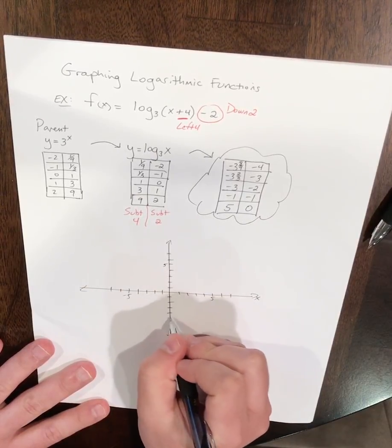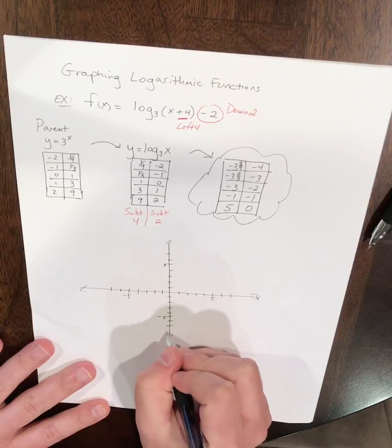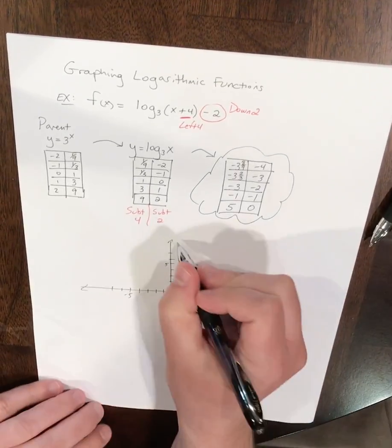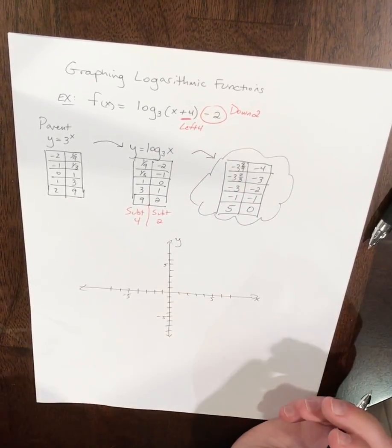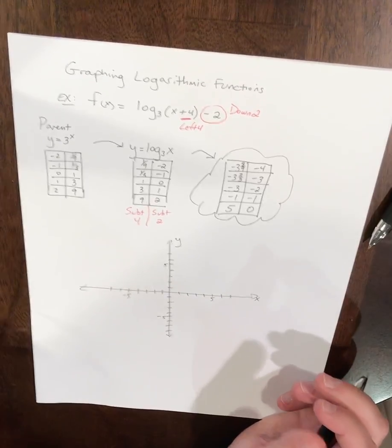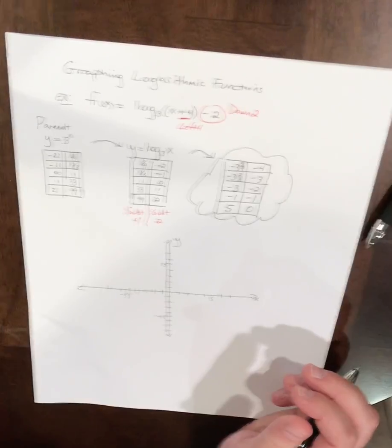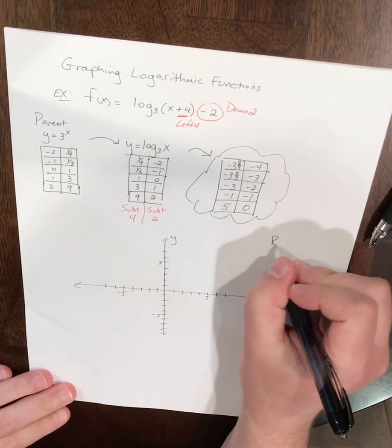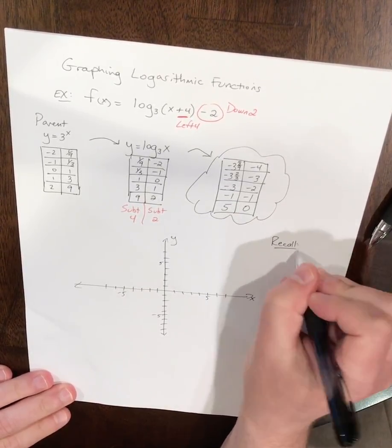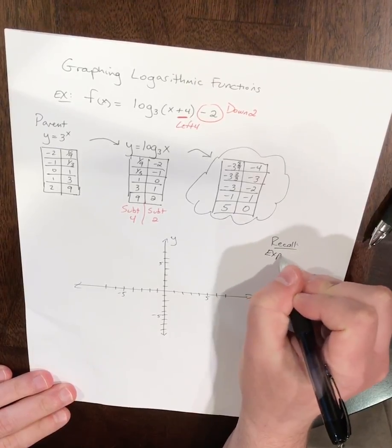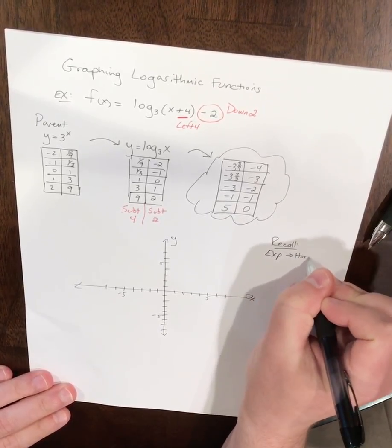And if you remember back when we did the exponentials, those graphs had an asymptote, right? These will actually have an asymptote, but instead of the asymptote being a horizontal line, I'll just put here as a recall: exponentials had a horizontal asymptote.